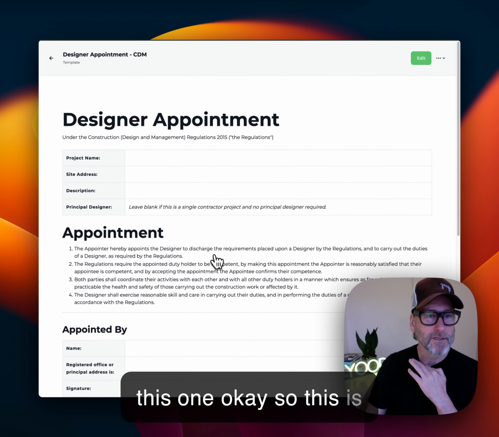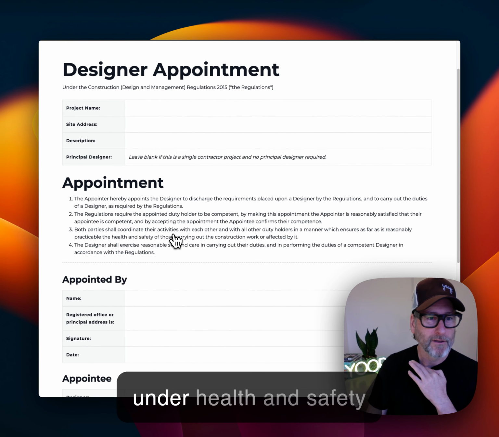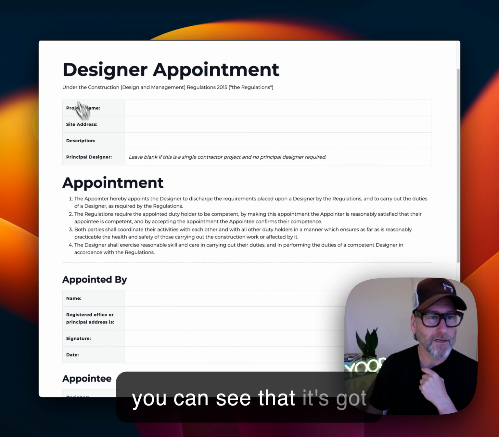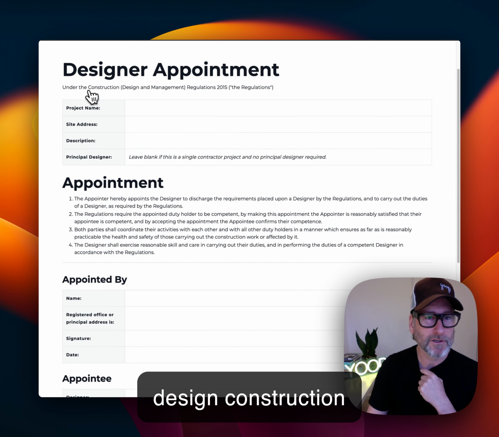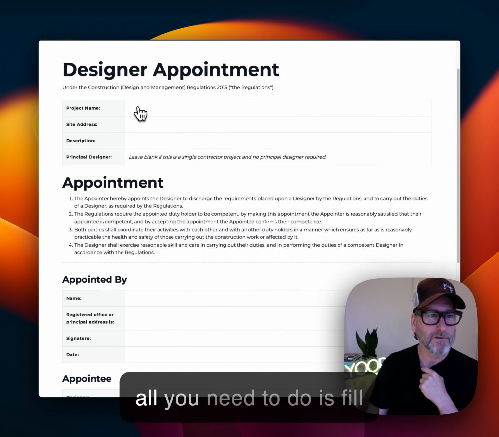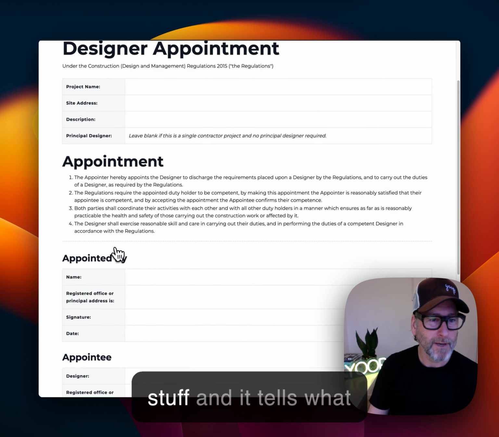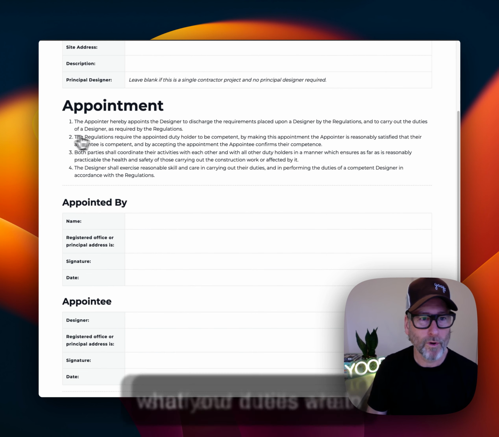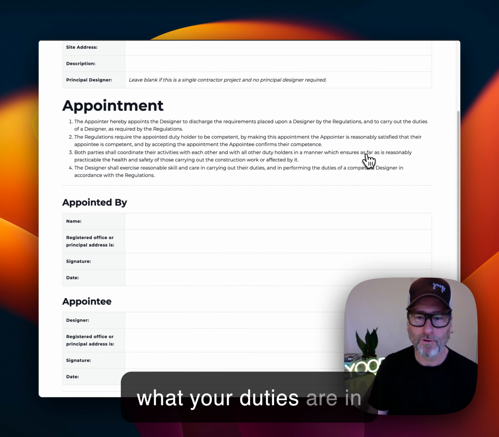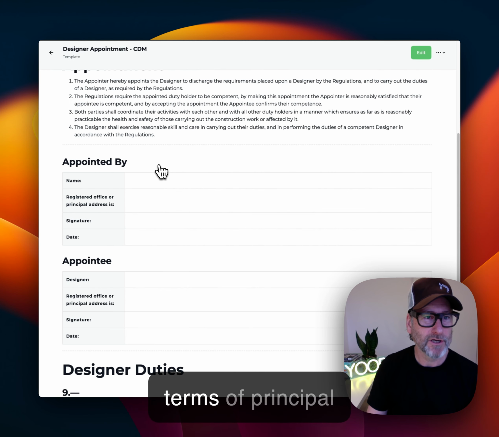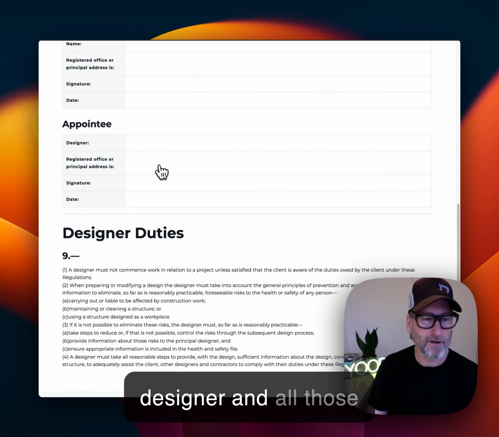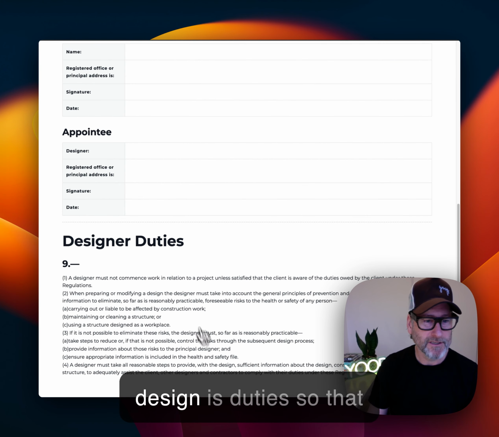Okay, so this is designer appointment under health and safety. You can see that it's got design, construction, design and management. All you need to do is fill out all the standard stuff, and it tells you what your duties are in terms of principal designer and all those kind of things, and the designer's duties.